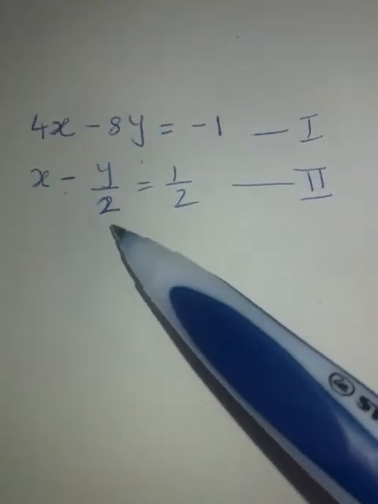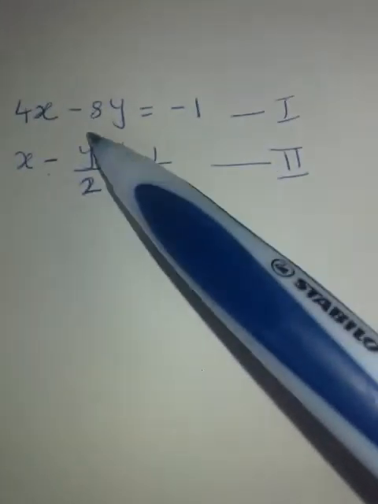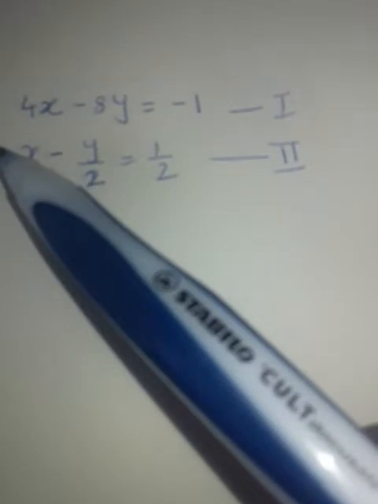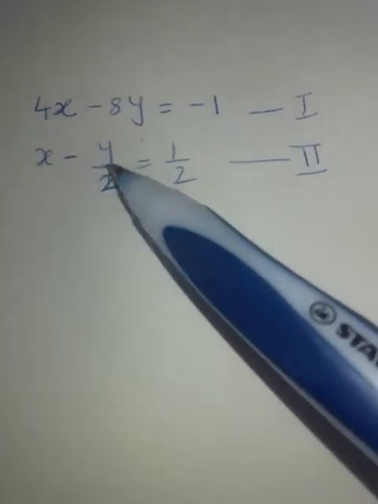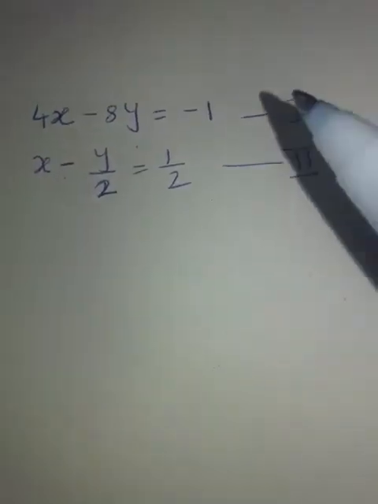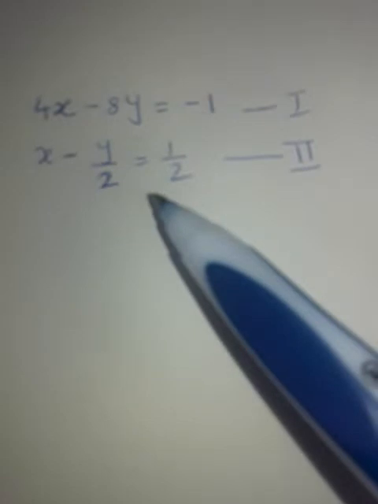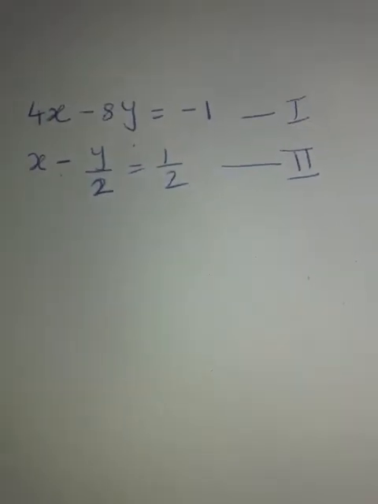Or otherwise, here it is minus 8 and here it is minus half. So can I eliminate y? If I multiply the whole equation by 16, it will be 8y here, isn't it? And that's how I can eliminate y.